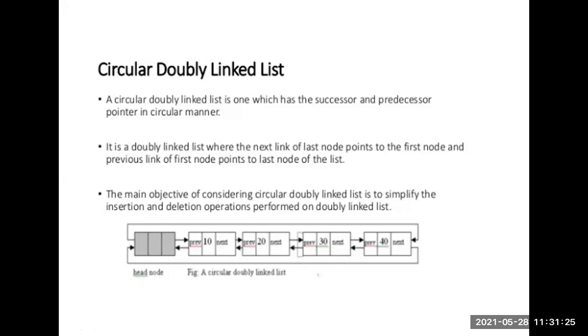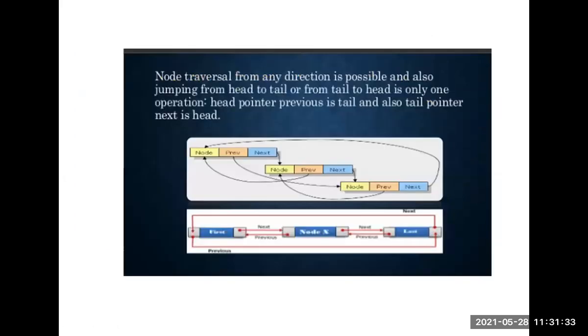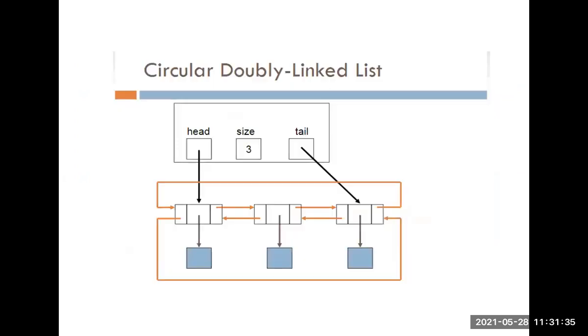To insert at front end, first you get a new node from the list: temp equal to get node, temp of info equal to item, and temp of right link and temp of left link are represented as null, or you can represent the temp address only.